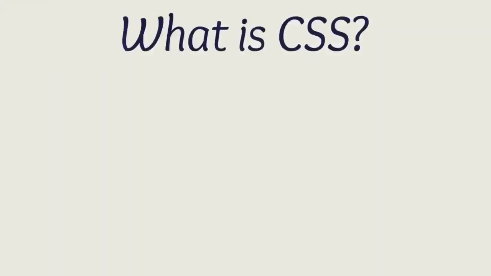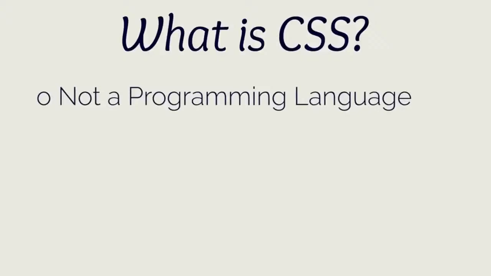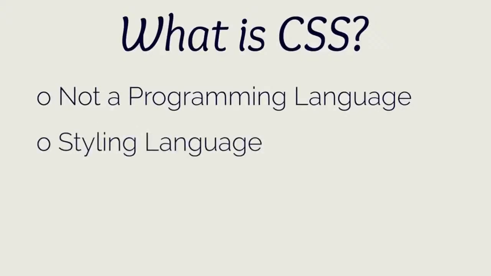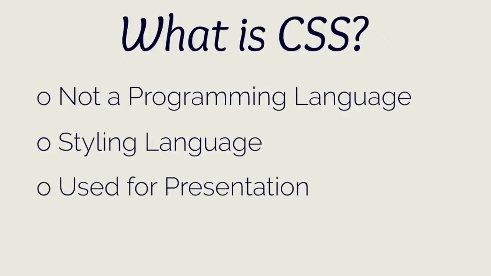Let's first get started with what CSS is. A common misconception is that CSS is a programming language, but that is incorrect. CSS is actually a styling language which is used for modifying the appearance of the content of web pages. Just as HTML is used for the content of web pages, CSS is used for presentation of that content. Due to the fact that CSS is used for presentation and design, there are many ways to do the same thing.